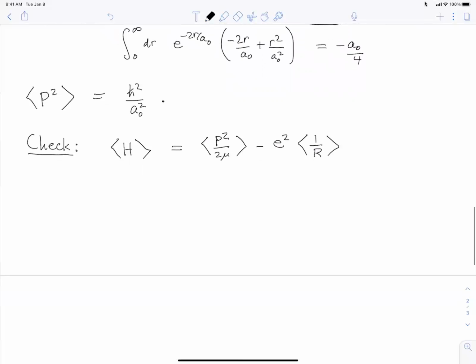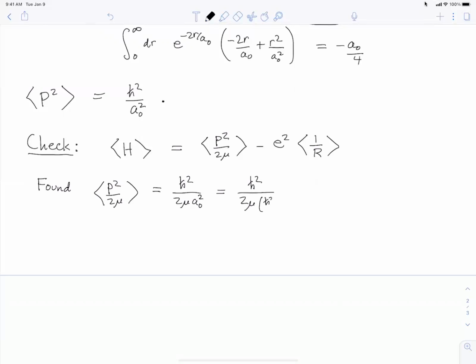Okay, so in particular, what we found was, if I just take the previous result and I divide by twice the mass, that's equal to h bar squared over twice the mass times the Bohr radius squared. And then if you plug in what the Bohr radius is, it looks like this. And then we can write this in the form mu times e to the fourth over 2 h bar squared.